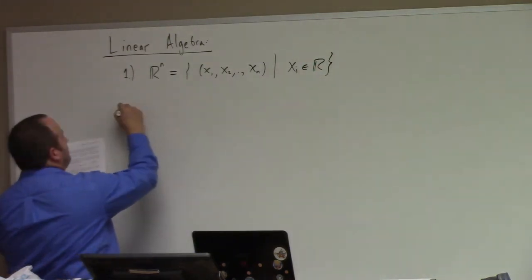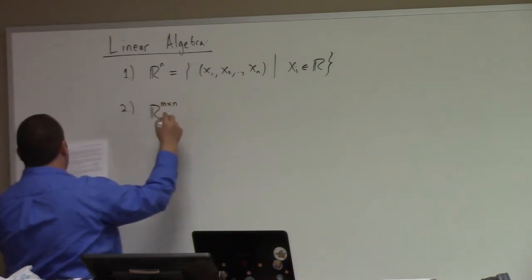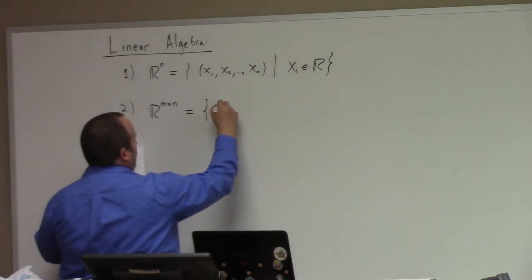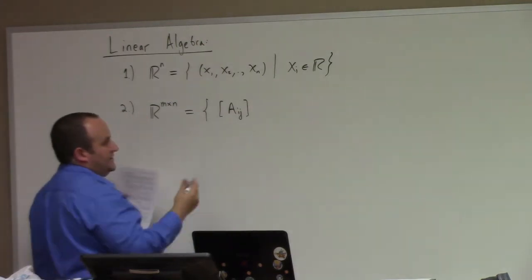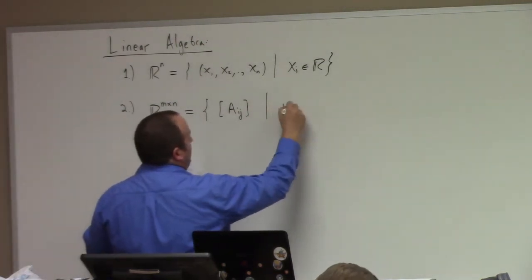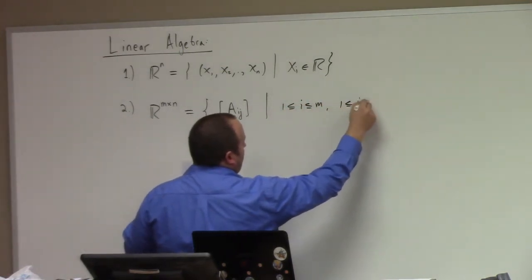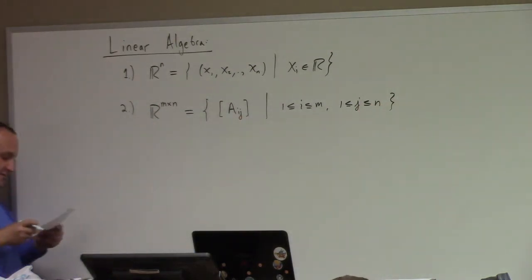Second example, the set of m by n real matrices. Some people would use this notation like a_ij to indicate an array, such that 1 ≤ i ≤ m, 1 ≤ j ≤ n. These are the m by n real matrices.